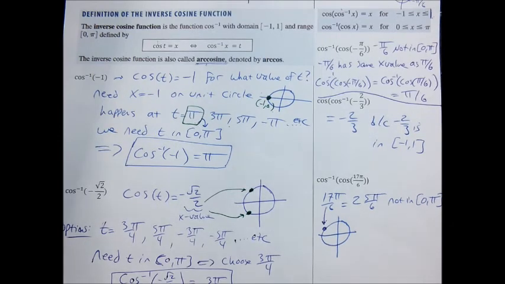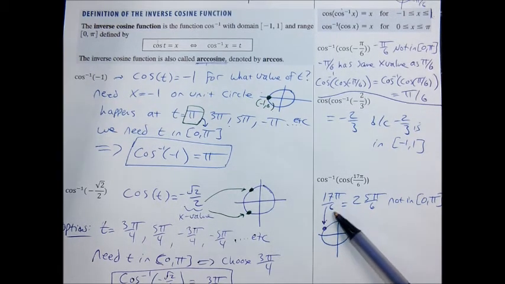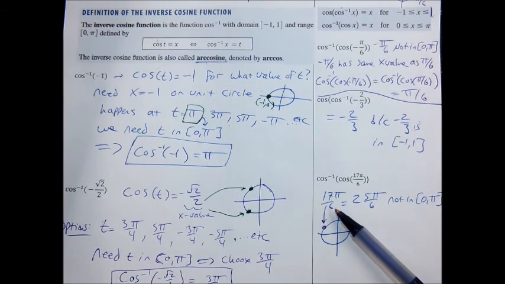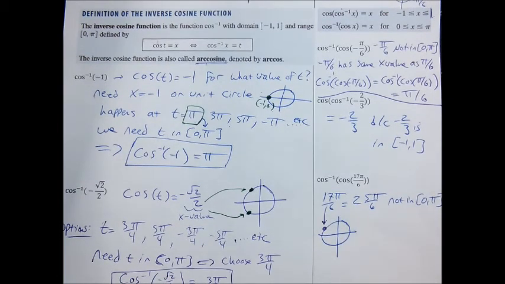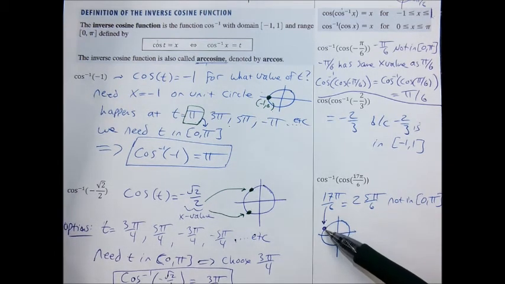So that's on the top half of the unit circle at least. It's on the right piece. It's just not in the right interval. And so this is a situation where we would want to think of something coterminal with 17 pi over 6, that's between 0 and pi. So what is that? What's something between 0 and pi that would also put us on that spot?